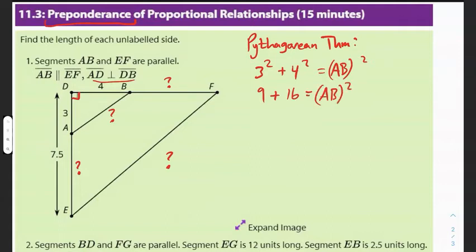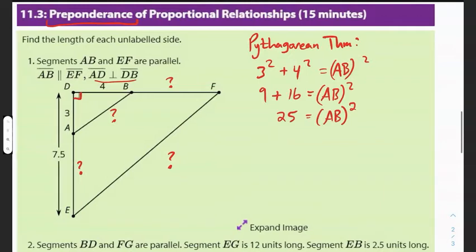Let's go ahead and combine like terms. So we get 25. All right, how to get rid of a square, right? Square root both sides. And if you do that, you end up getting plus or minus 5. But in this context, it's positive 5 only because length can't be negative, right? So AB is 5. Okay, good. So we found one of our missing sides.